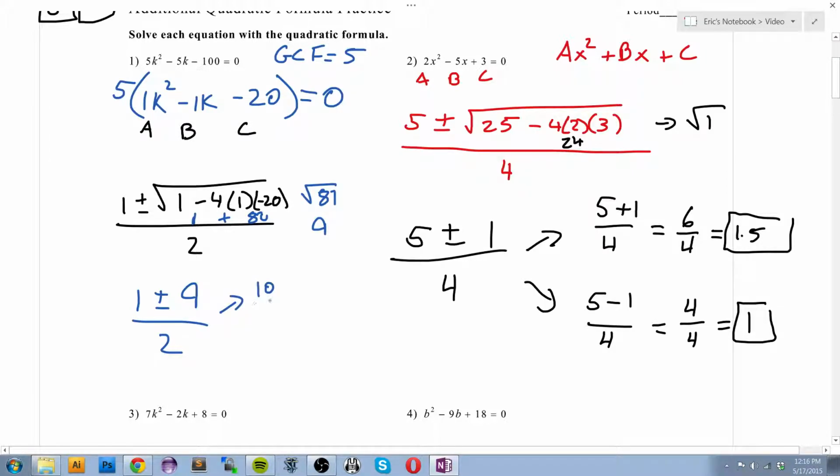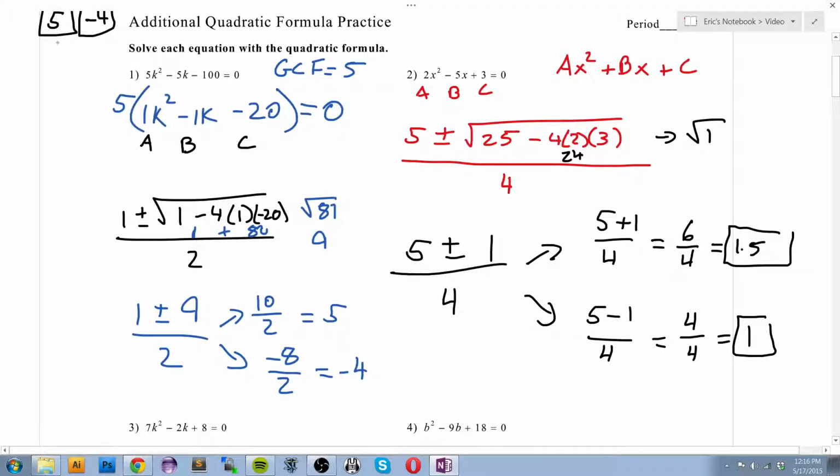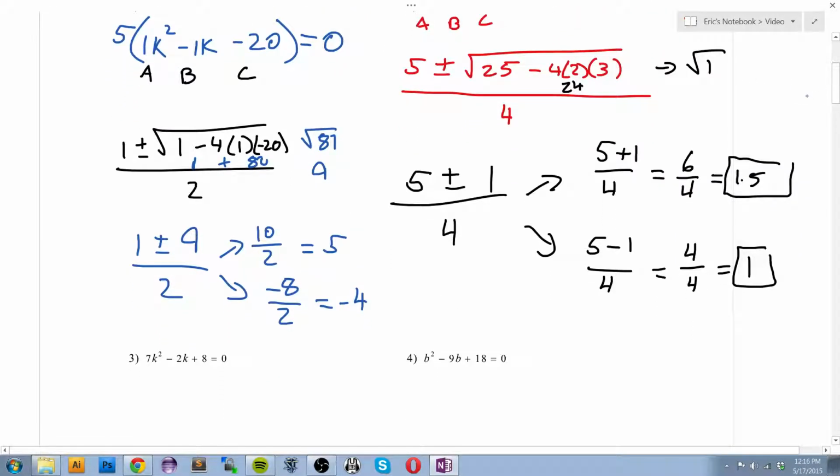Well, that would be 10 over 2, or that would be negative 8 over 2, which again gives us 5 or negative 4. And that is pretty amazing. Up here in the corner, here they are, 5 and negative 4. So if you feel comfortable with factoring out the GCF, if in some instances you want to reduce the problem, you still can, like we have in the past with factoring.